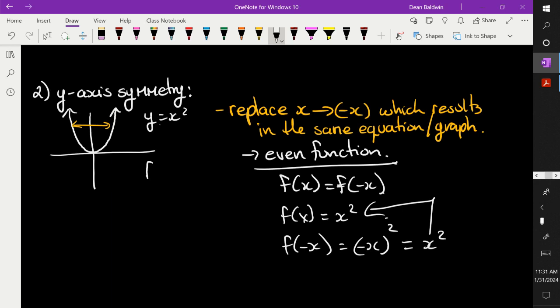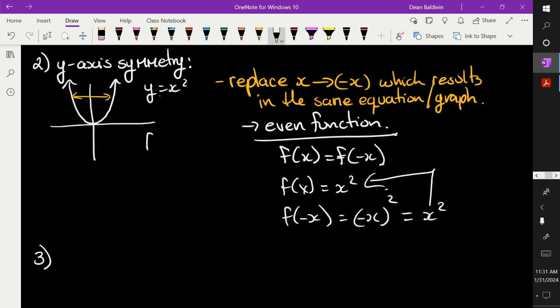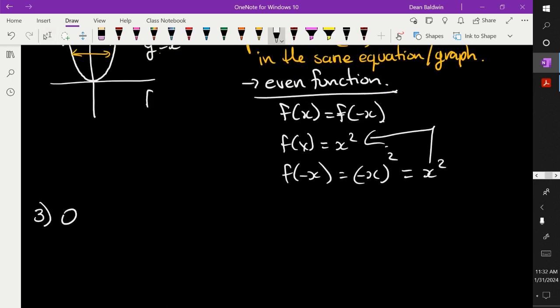So if there's an even function, there must be odd functions. I'll give you the definition of an odd function, and then we'll think about it in terms of symmetry. A function is odd if negative f of x is equal to f of negative x.